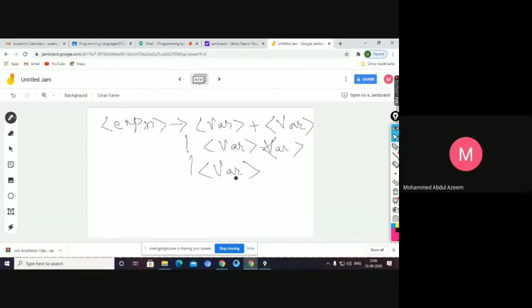One definition is just a variable, where variable is already defined as A or B or C, some kind of identifier. Here I said variable can be variable plus variable. If you observe here, you see this variable on both left and right side, and here also. Fine.